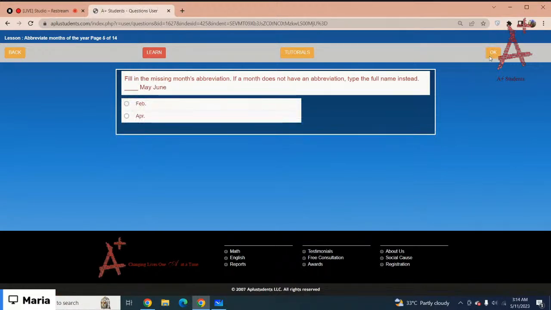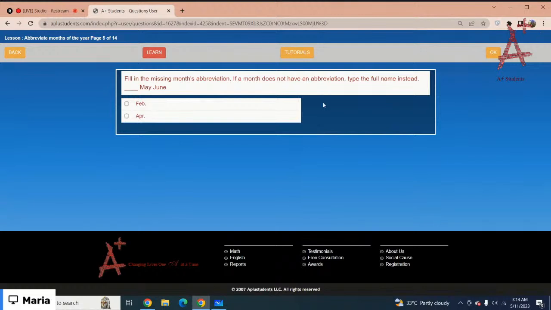Fill in the missing month's abbreviation, which is the month right before May. Before May, it would be April. April is the month before May.